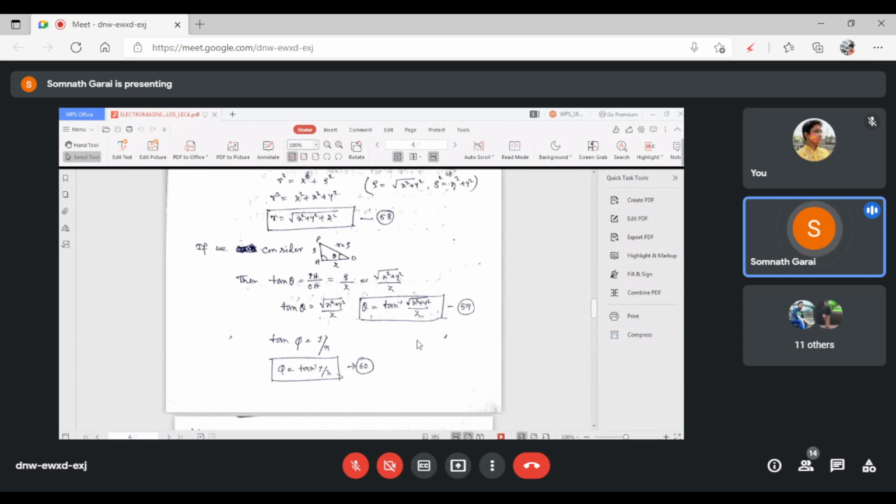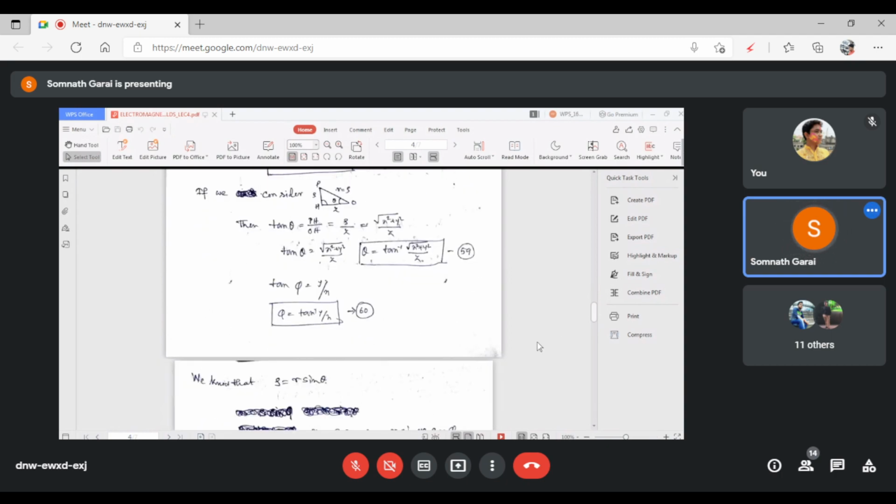So that is the interrelation between the spherical coordinates r, theta, phi with respect to the Cartesian coordinates x, y, z. Equation number 58, equation number 59 and equation number 60. These three equations represent the relationship of the spherical coordinates r, theta, phi with respect to Cartesian coordinates x, y, z. Okay, got my point?